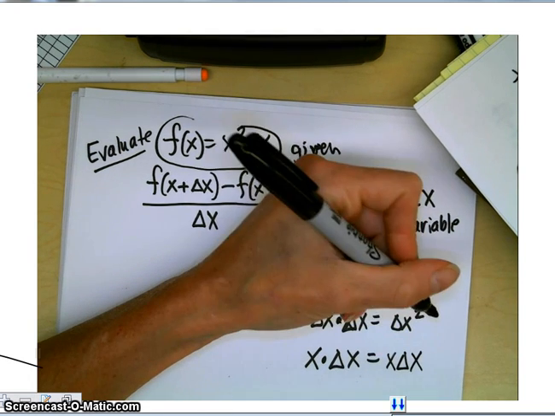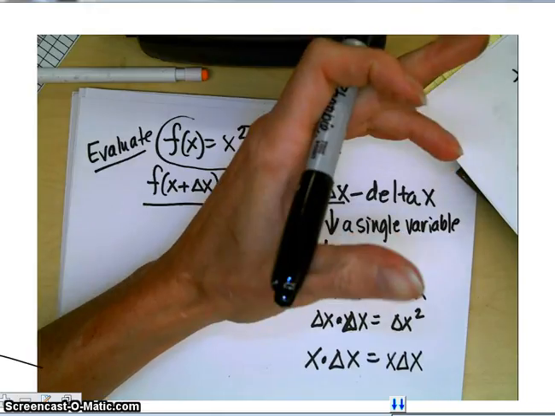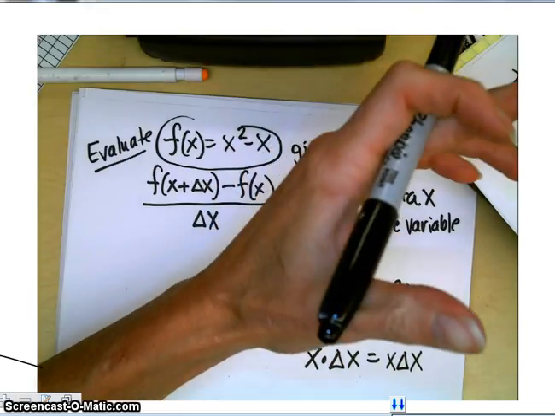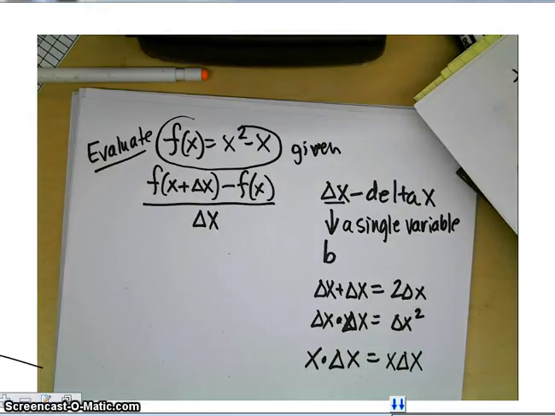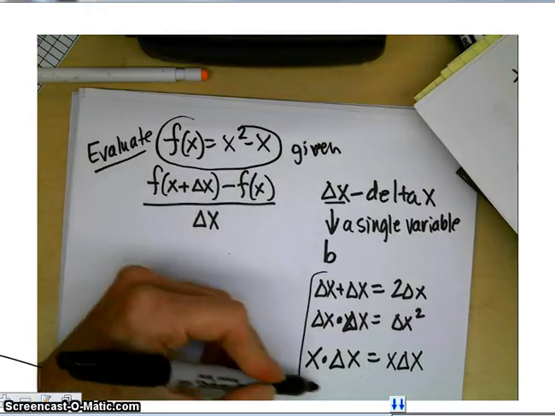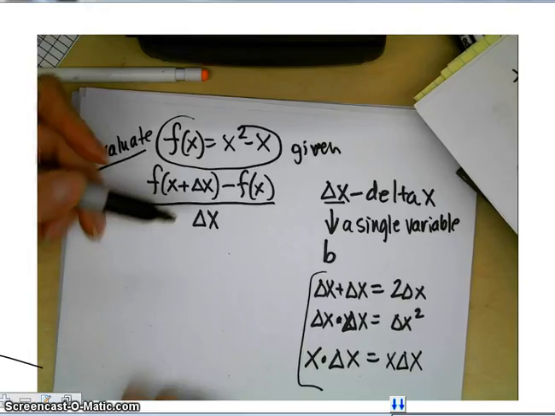Just think of it, what's x times y? How do you multiply two things that are totally different? You just write them next to each other. Delta x is nothing like x. So these are just some operations that should help you with dealing with delta x. Delta x is not that bad. It looks bad. Okay? So, knowing that, how am I going to evaluate this?